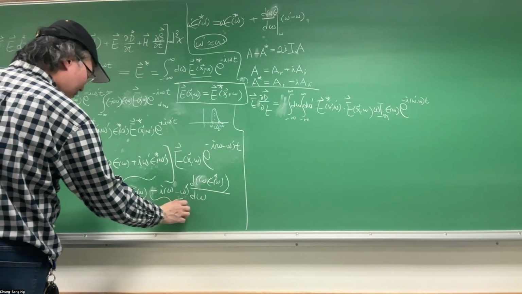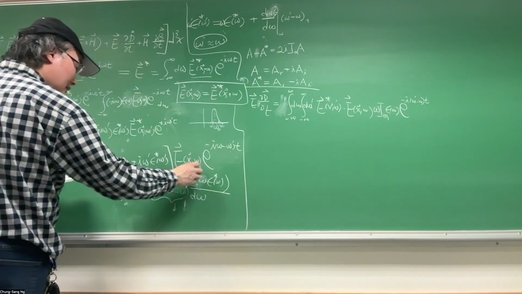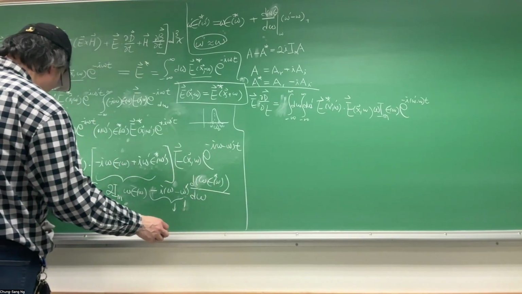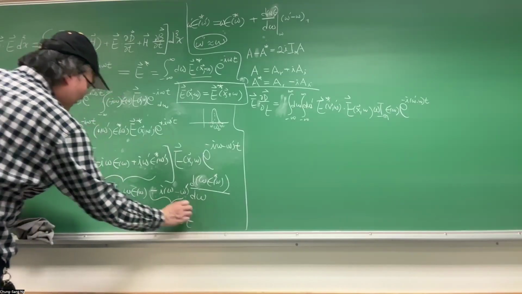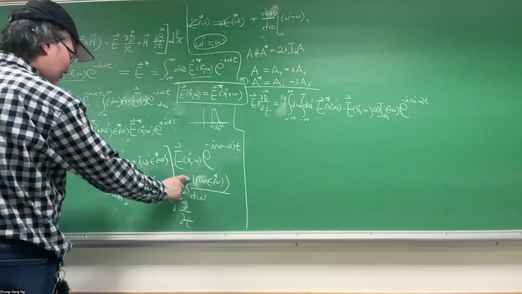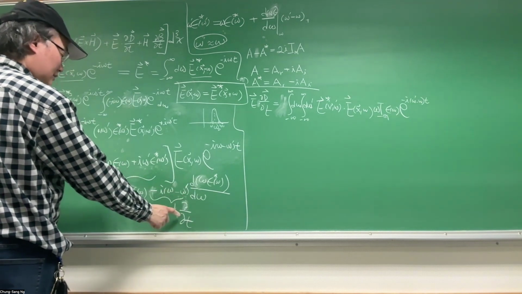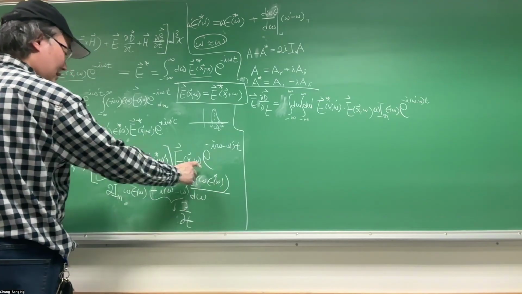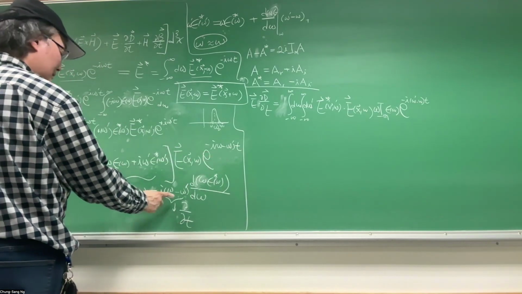Inside the integral it is partial t, but outside of the integral it will be d/dt. Oh, but I think you can keep using partial t, right? If you get rid of this minus i omega minus omega prime, or you need this, just do it. Derivative over t, because that operates on this one and will pull out this factor.